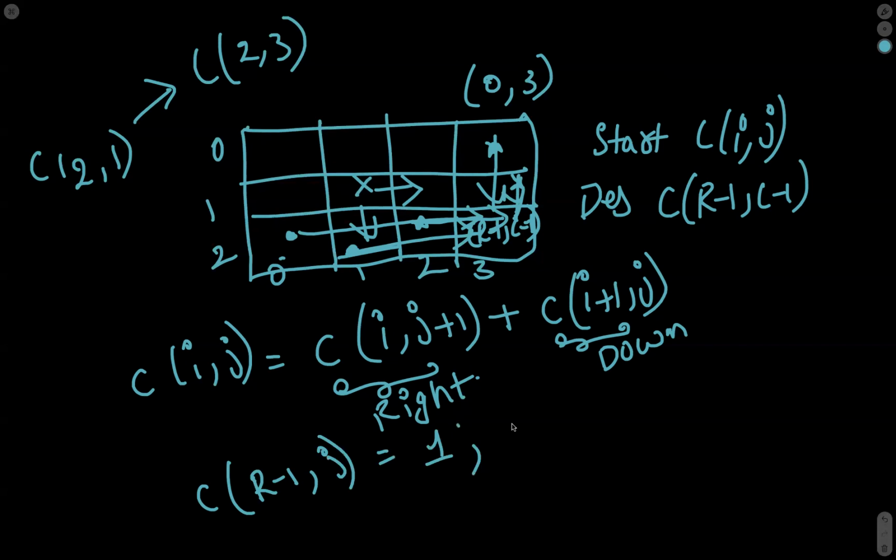In the same way, for all the cells in the last column, no matter what the value of I, if it is in the last column, that is C minus 1, the total number of paths to reach the destination if we are starting from here would be 1. We can put this here.